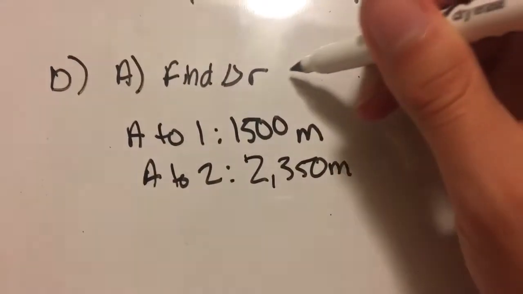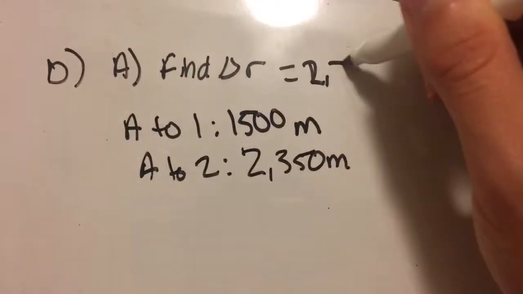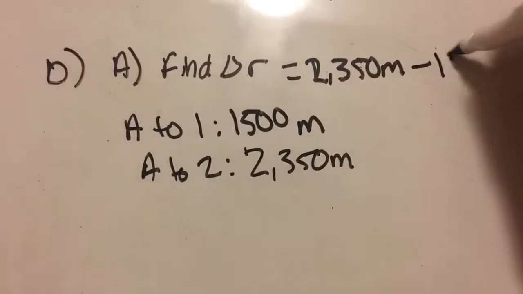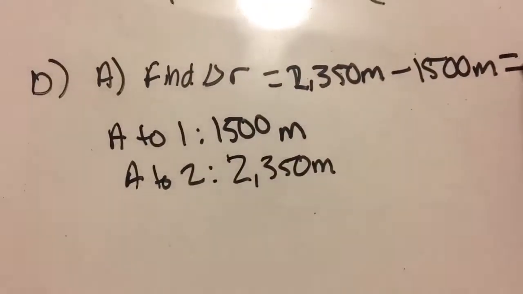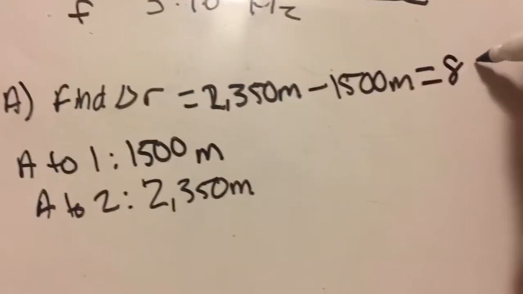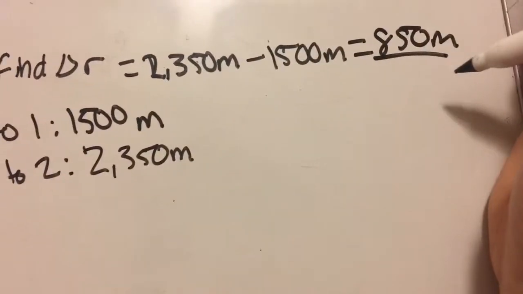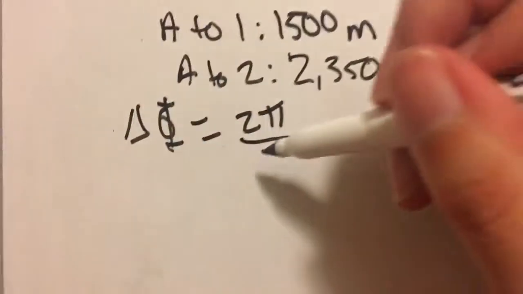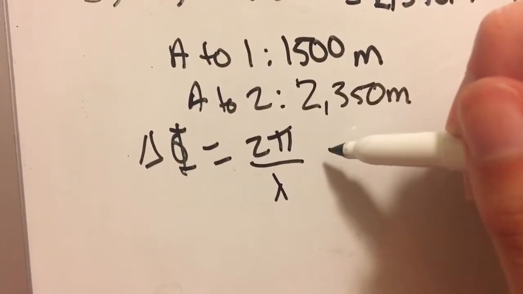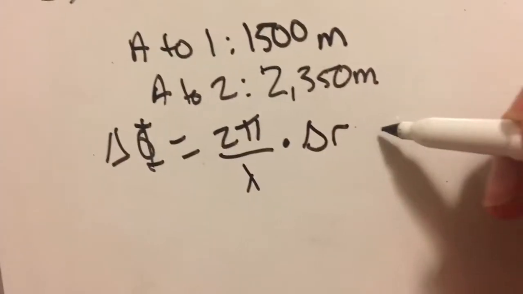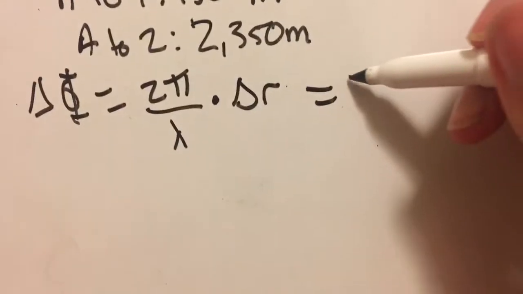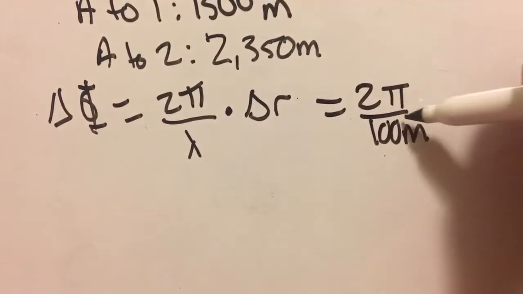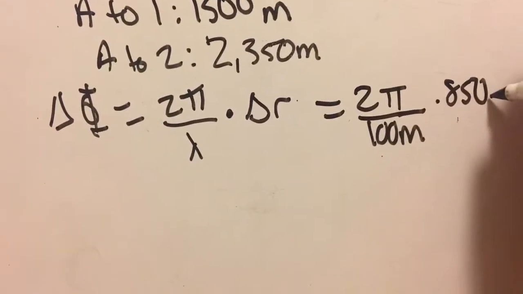So delta R equals 2,350 meters minus 1,500 meters, and that is then equal to 850 meters for delta R. Next, we are going to use the equation psi equals 2 pi divided by wavelength times delta R. So in this case, for island A, it will be 2 pi divided by 100 meters, which we found back in part 8, times 850 meters.